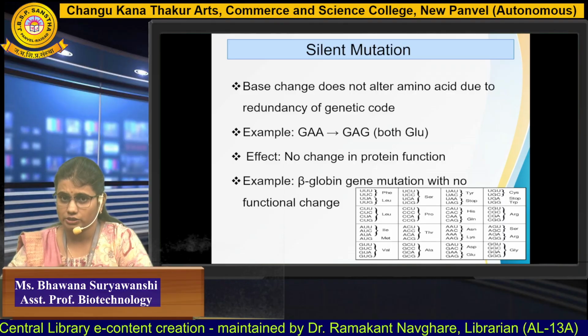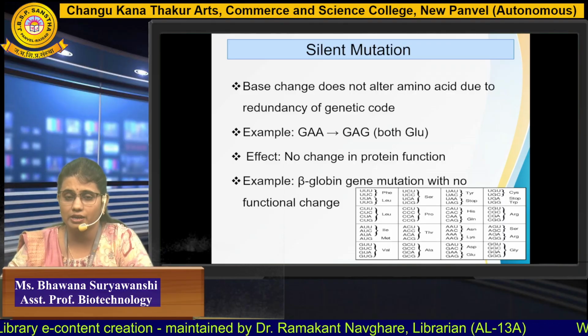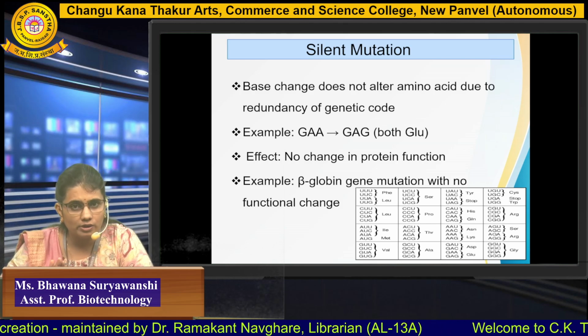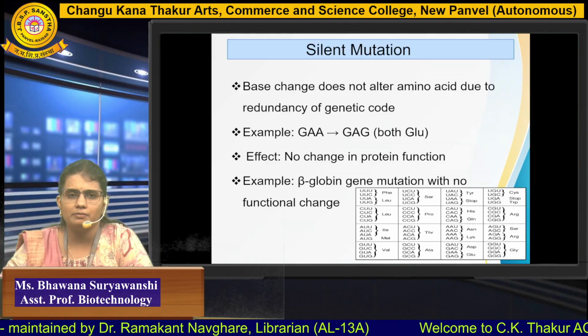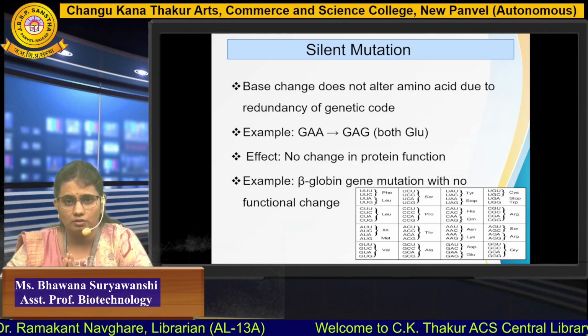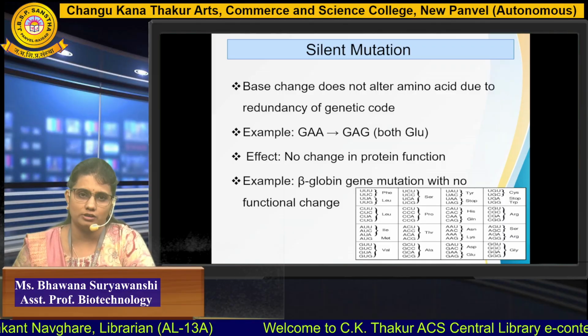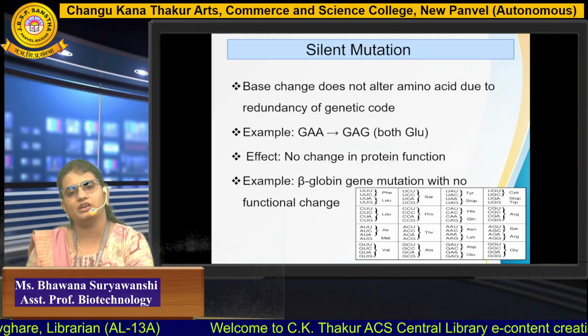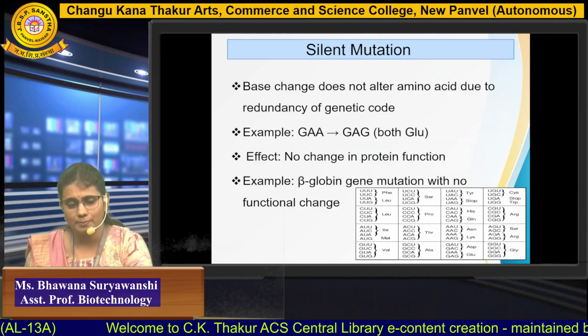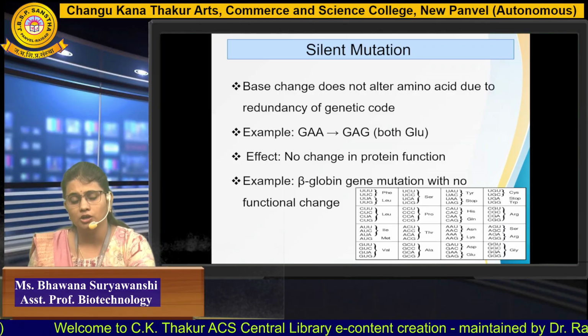Even if there is a mutation, it is not having any effect. So no effect on protein function. Such an example can be given as the beta globin gene, wherein there is no change in the function. Below is a figure of different amino acids that are coded by more than one codon.